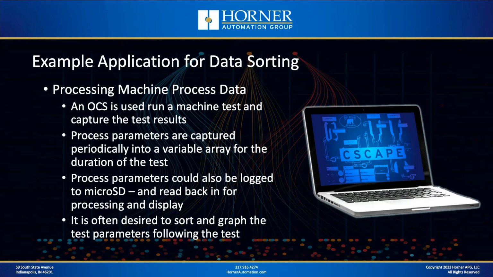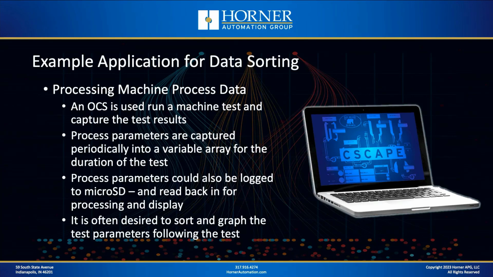So what are some examples of different applications for data sorting? Let's say that we're using the OCS for machine control, but we're also using the OCS during a test cycle, or a test mode of the equipment, maybe after we've done some sort of machine changeover to a new part, or when we've just made some radical changes to our process control parameters, and we just want to make sure everything's working properly.